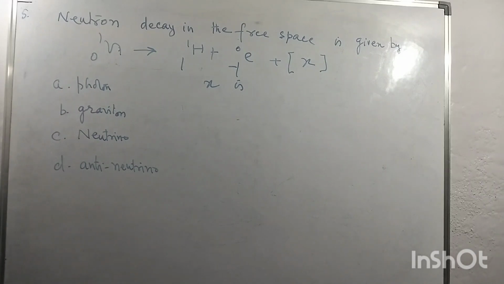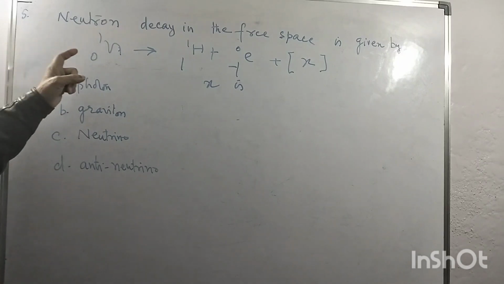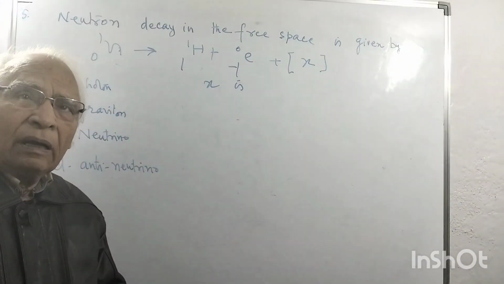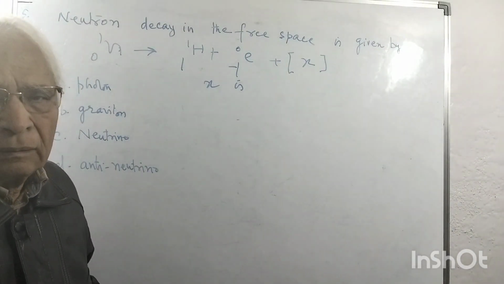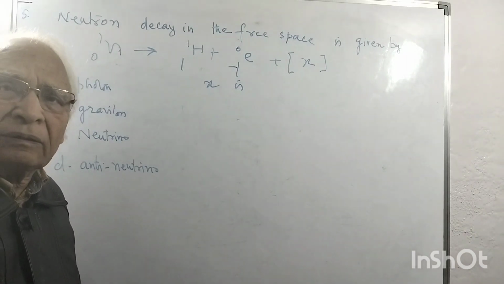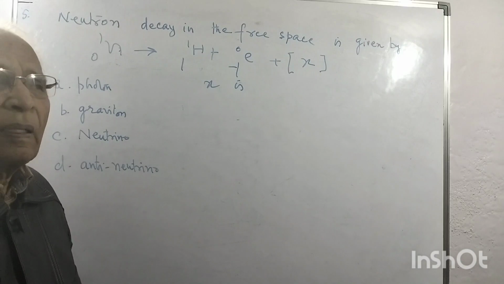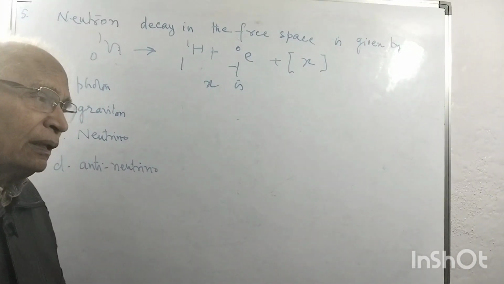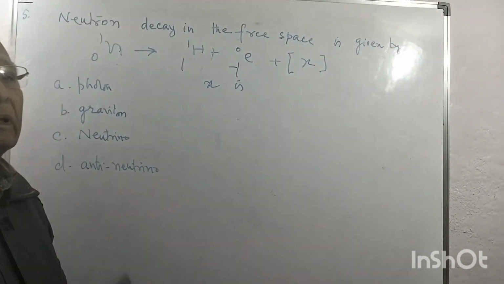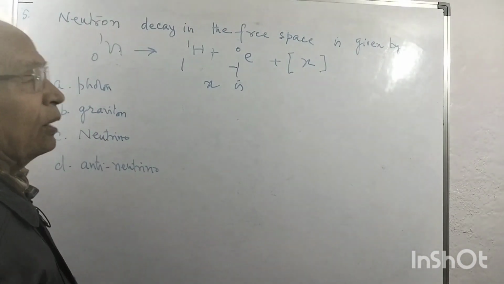When we talked about beta decay, I explained how beta decay takes place and what particle is coming out. I gave you the neutrino idea at that time. Fermi's theory of beta decay was not experimentally verified at first, but the assumption was that a neutrino or antineutrino is coming out.